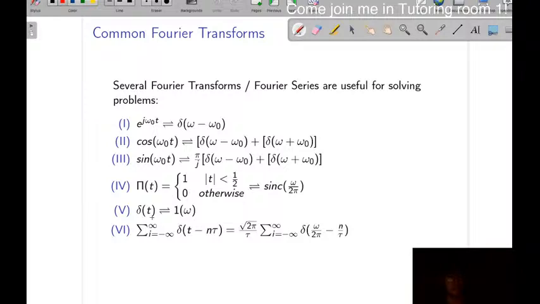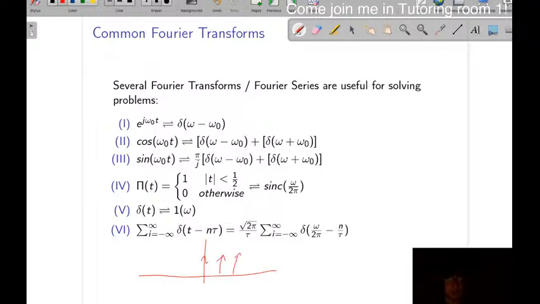So if we have a delta function and take the Fourier transform of it, it gives us 1. But if we take the Fourier transform of an infinite sum of them, then we get an infinite sum in the output. This is something that I still really haven't convinced myself of, but this is just what the consensus is.